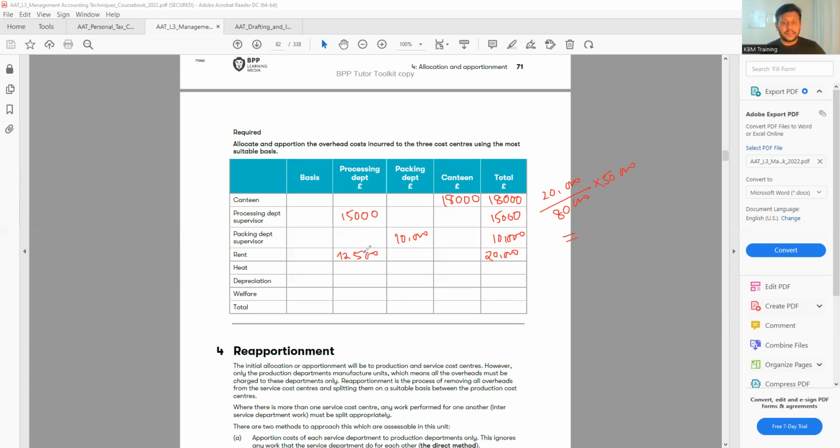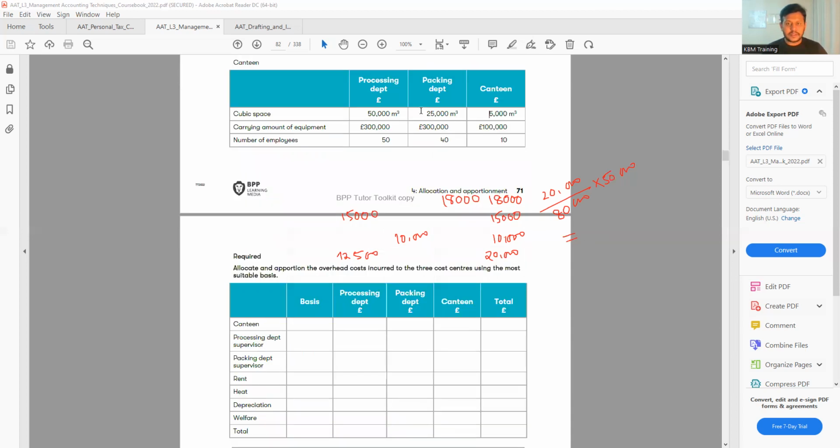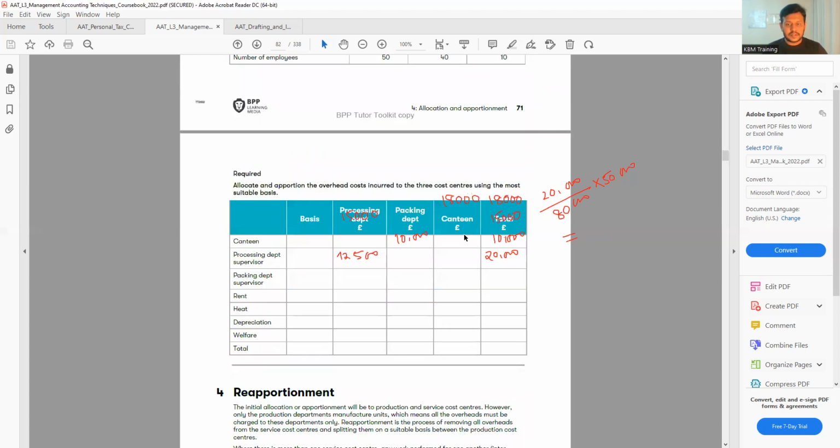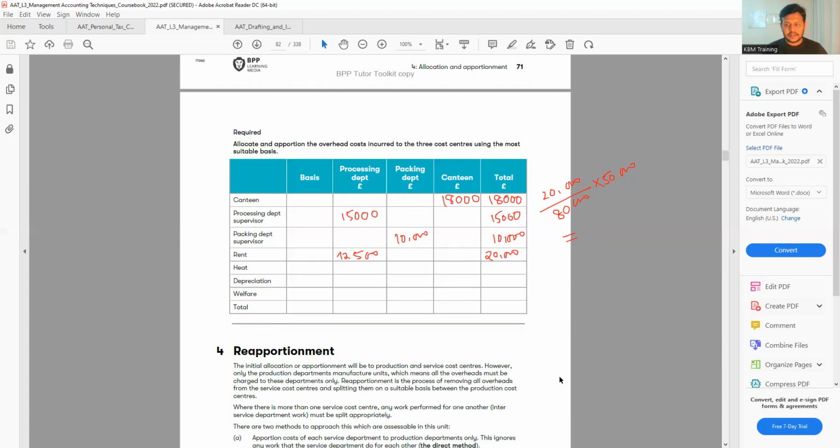Same thing we do for the packing. Packing was 25,000 square meters, isn't it? Go back, you can see for the packing, they use 25,000 square meters. So this time we multiply with 25. 20,000 divided by 80,000 times 25,000 gives us 6250.